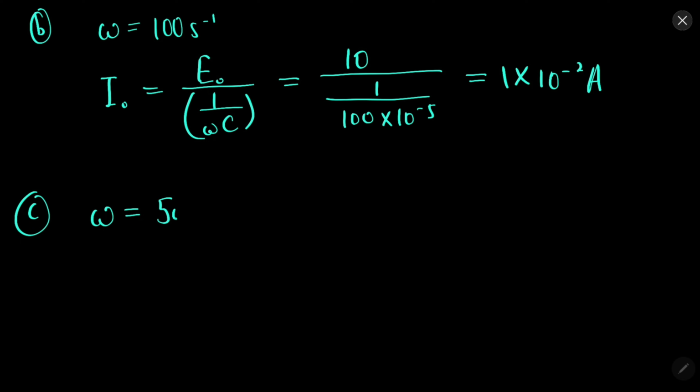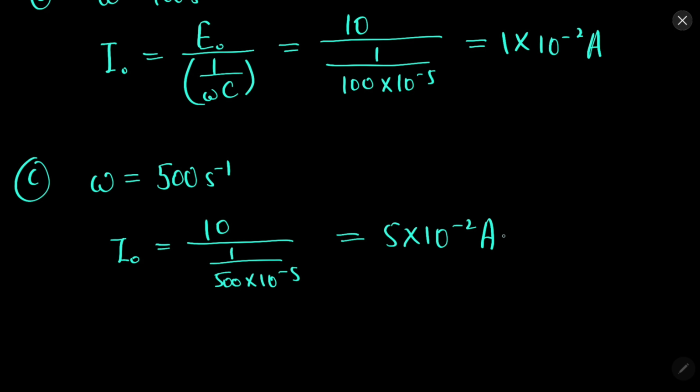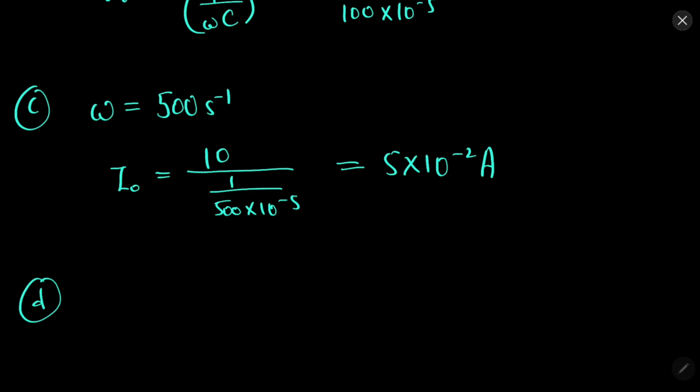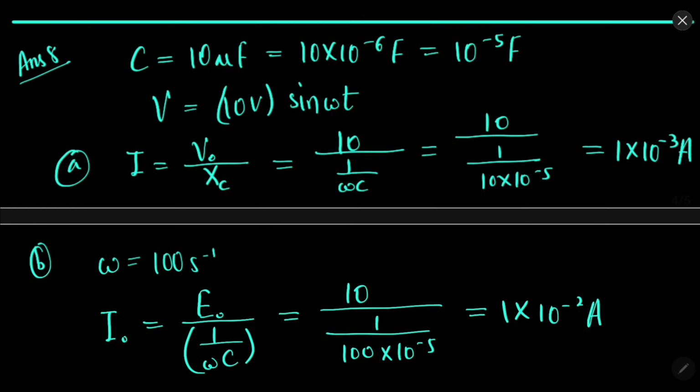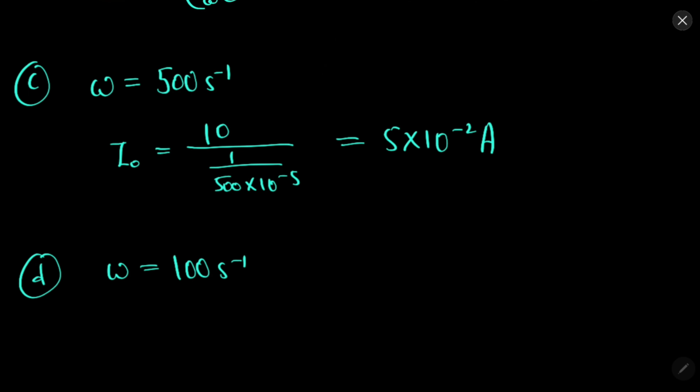When omega is 500 per second, so 10 over 1 over 500 into 10 to the power minus 5, it will give us 5 into 10 to the power minus 2 ampere. When omega is 1000 per second. Here omega was 10.